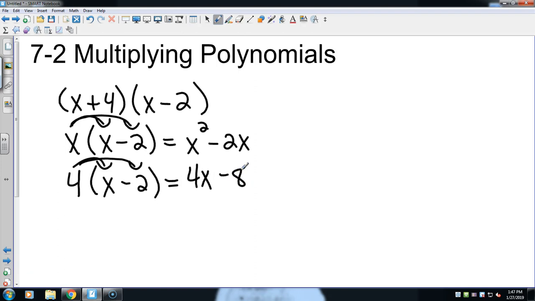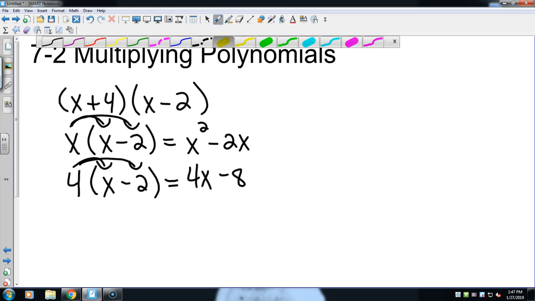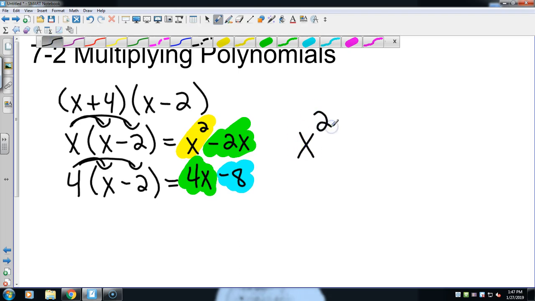So now, just like we did in the last section, now it's an addition problem. So I get the like terms together and I combine them. So nothing to put with that x squared. I have negative 2x, and then that's a positive 4x because it doesn't have a sign on it.